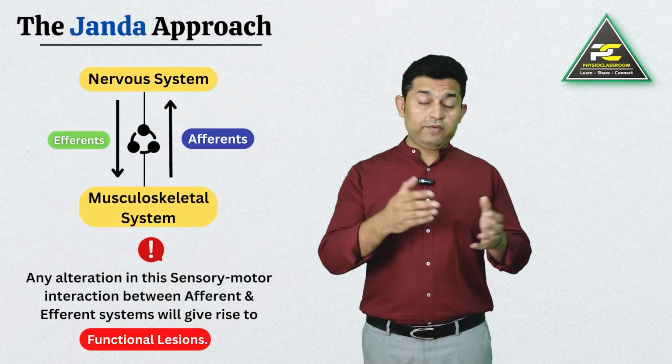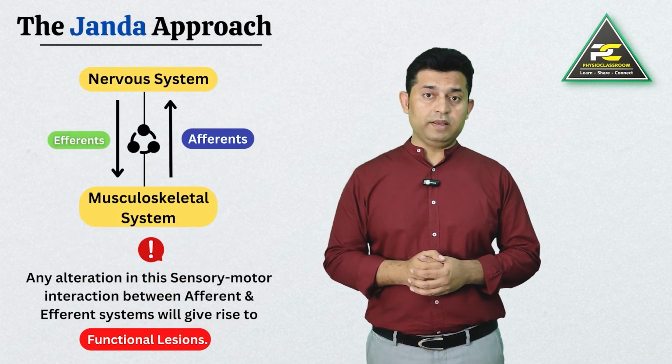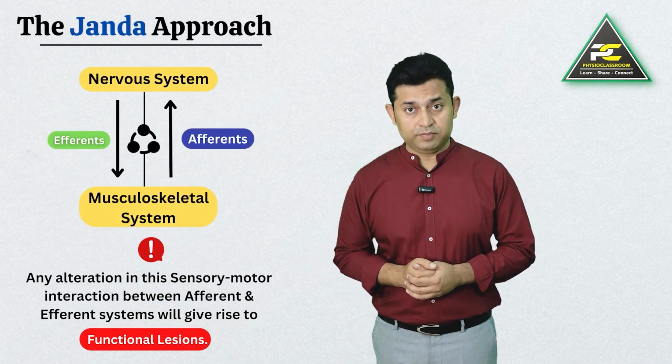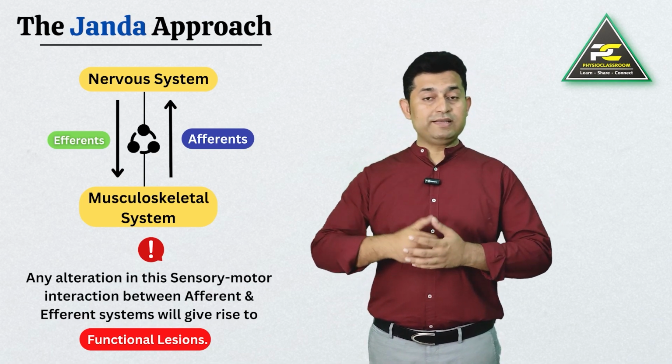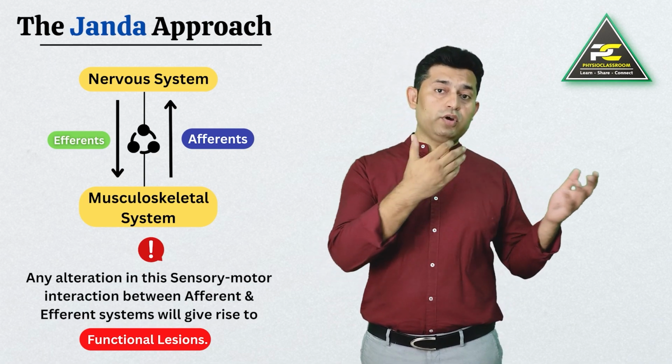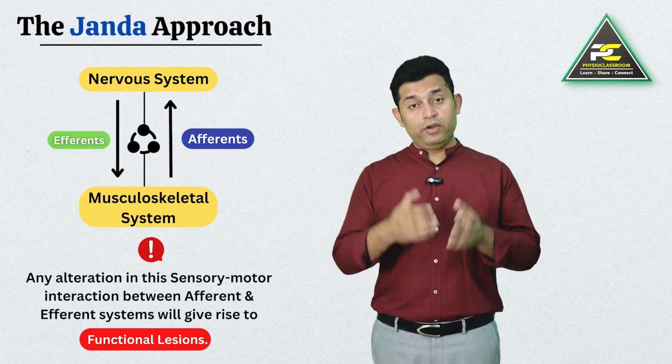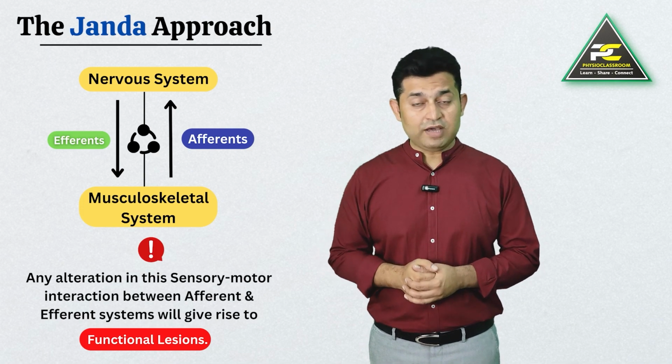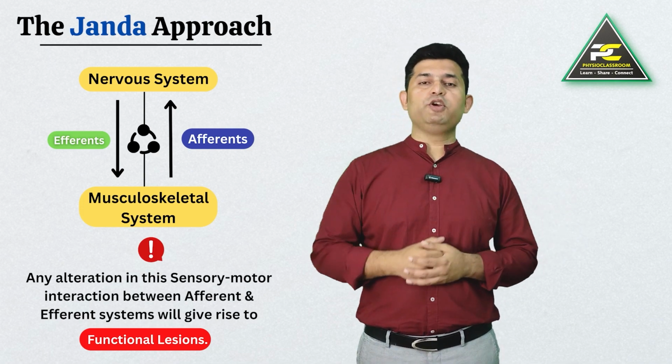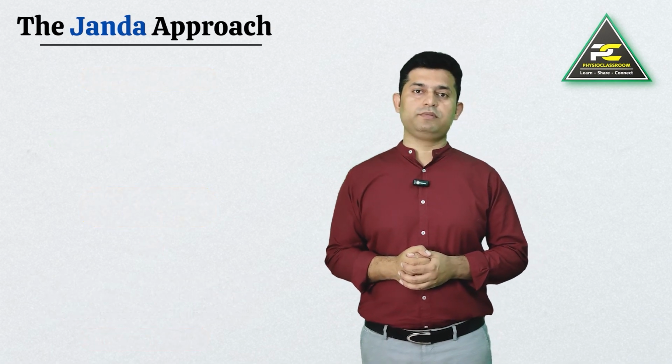Whenever there is any alteration in this sensory motor interaction between the afferent and efferent systems, it gives rise to functional lesions, which are to be assessed and treated using the Janda approach.